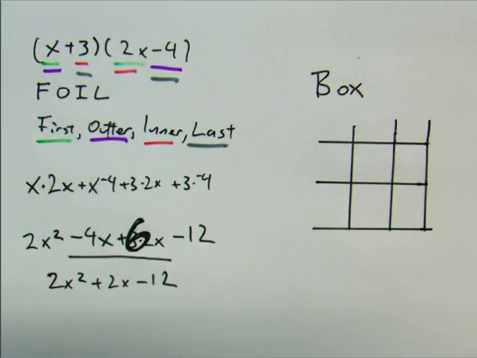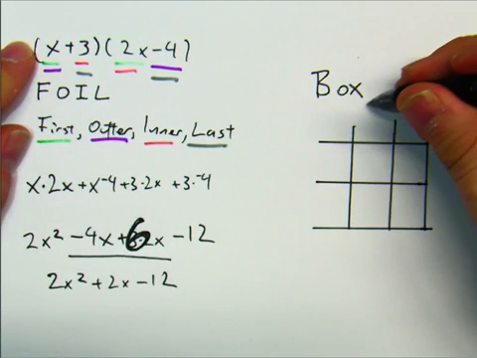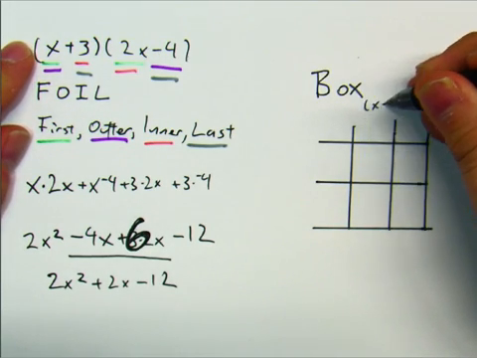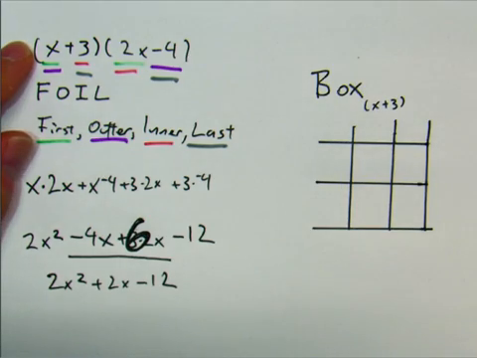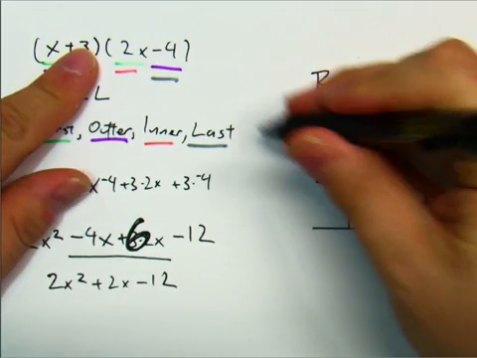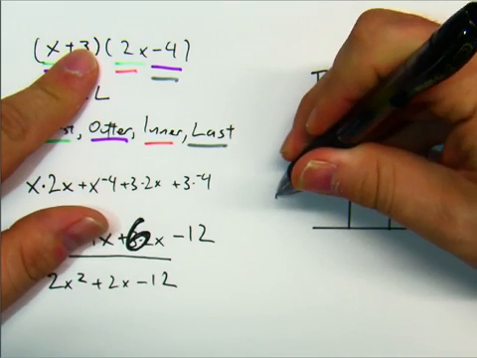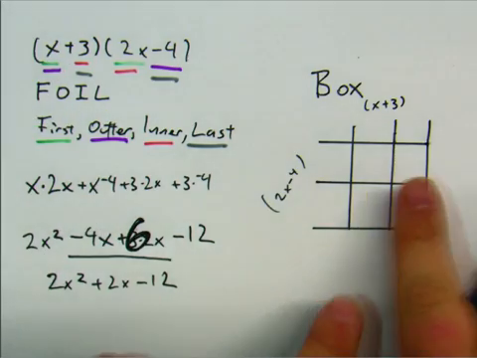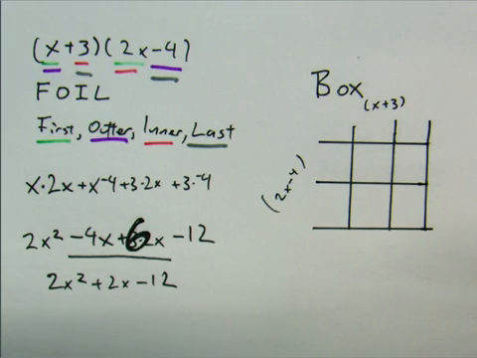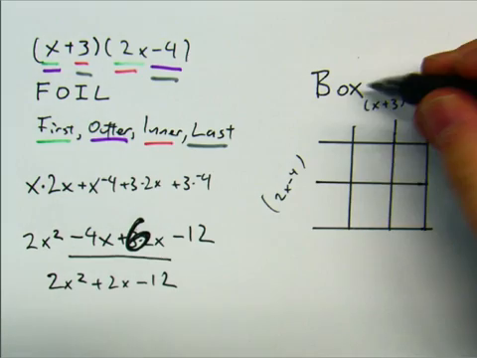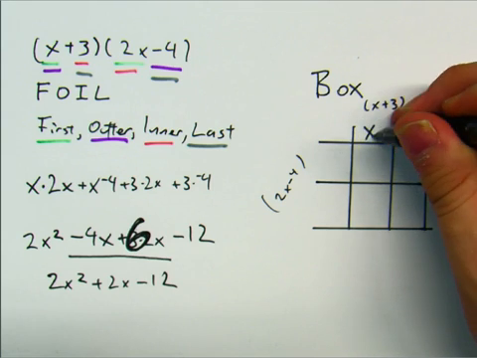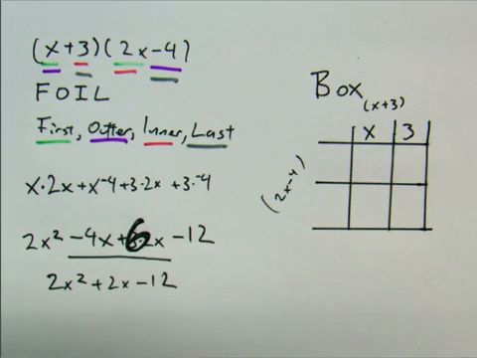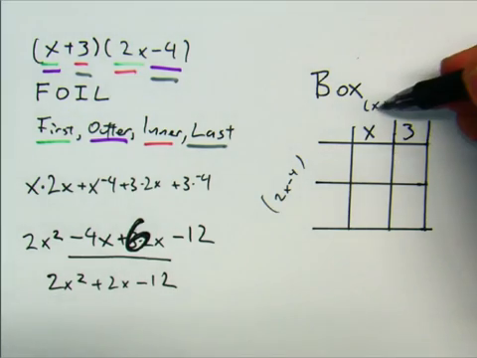I'm going to start with my first term, which is x plus 3. I'm going to put this here. And then I'm going to look at my other term, which is 2x minus 4. I'm going to put this here. I'm then going to fill in my boxes with each of my terms. So this will be x, and this will be 3. I got my x from here and my 3 from here.